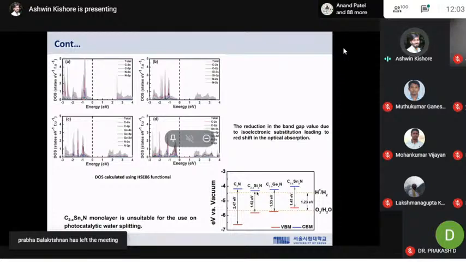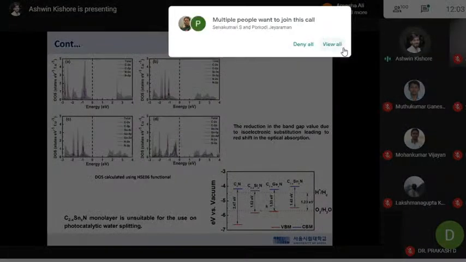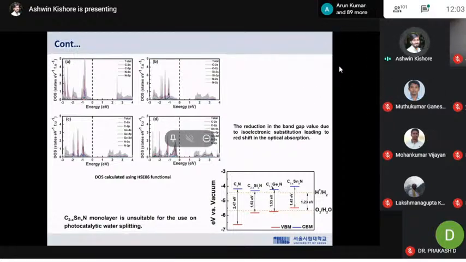At the same time, the band edge positions are located closer to the reducing and oxidizing potentials. That means there will be a smooth transfer of charge carriers to the water redox species, which will split the water into hydrogen and oxygen. So compared to the pristine, the substituted systems are promising for the water splitting reaction.